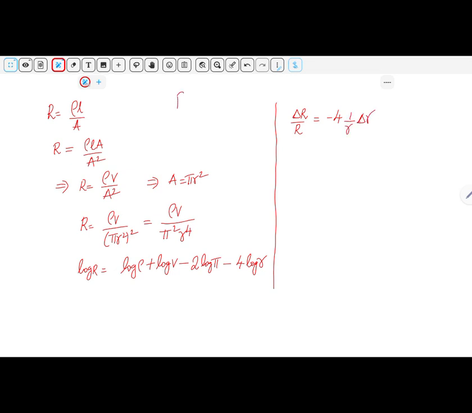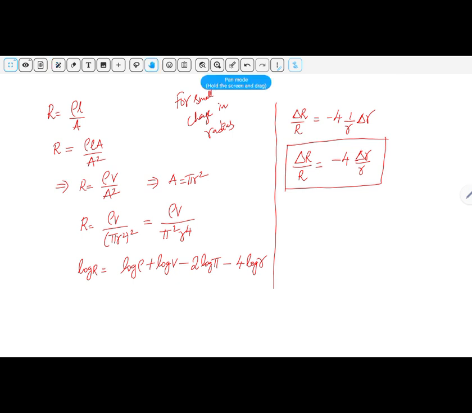This is for small change in radius of the conductor when the wire is stretched or drawn, or when it is twisted. Therefore delta R by R is equal to minus 4 into delta small r by r. This is the relation between percentage change in resistance for a small change in radius of the conductor.